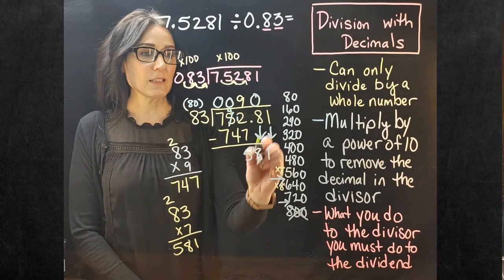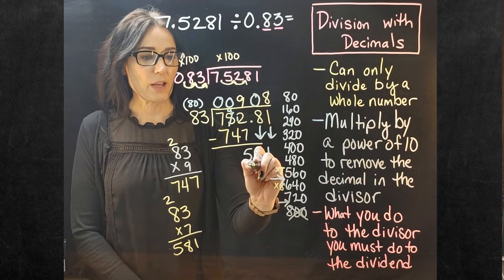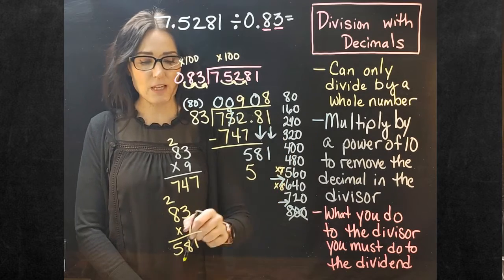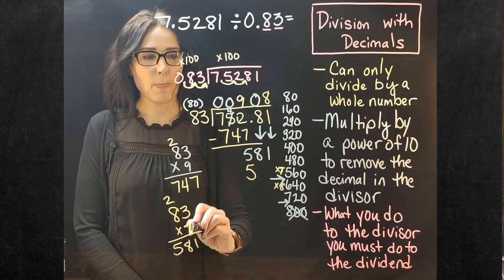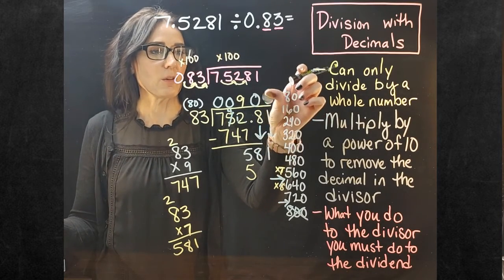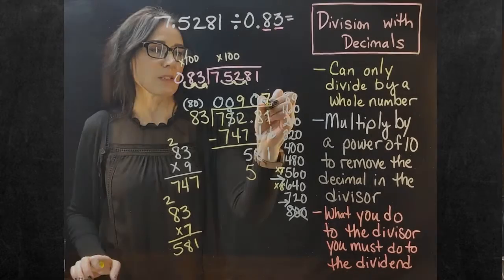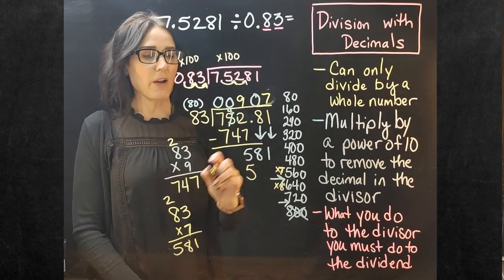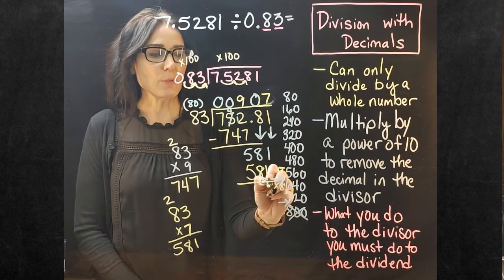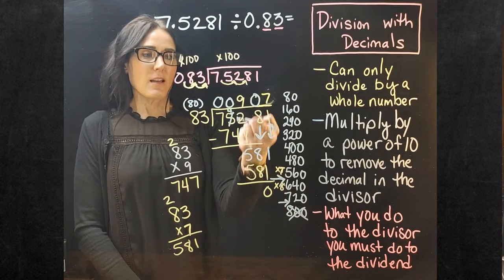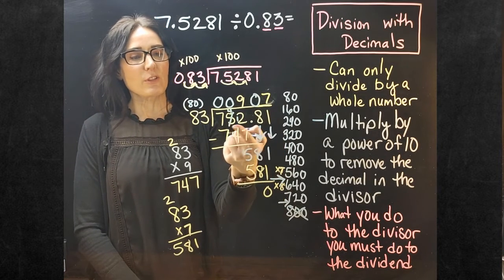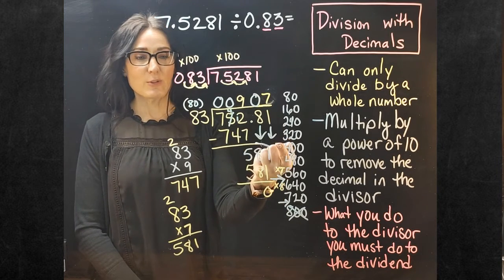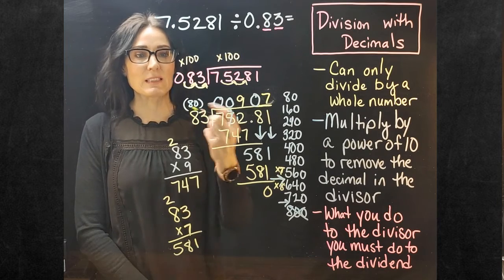So we did get 581, and we have 7 times, so this is a 7, not an 8. Let's fix that. 7 times. Okay? All right, so when we subtract this, we get 0. So yes, 752 and 81 hundredths divided by 83 is 907.